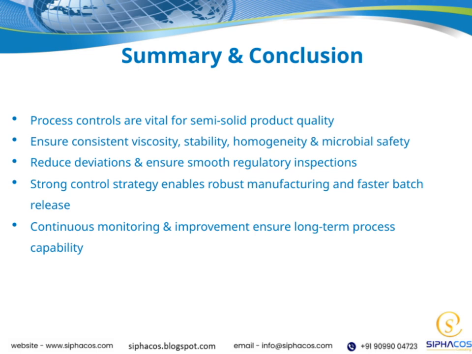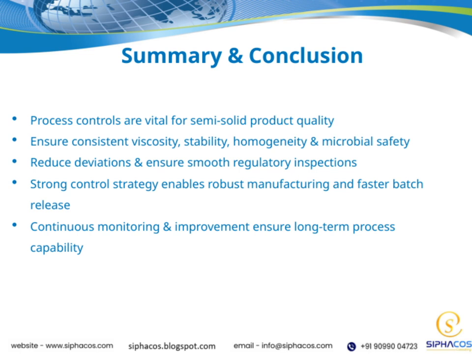Additionally, microbial safety cannot be overlooked, as it's essential for protecting consumer health. By implementing strong control strategies, we can significantly reduce deviations during production, making regulatory inspections smoother and less stressful. A robust control approach not only supports consistent manufacturing, but also enables us to release batches more quickly, improving overall efficiency.